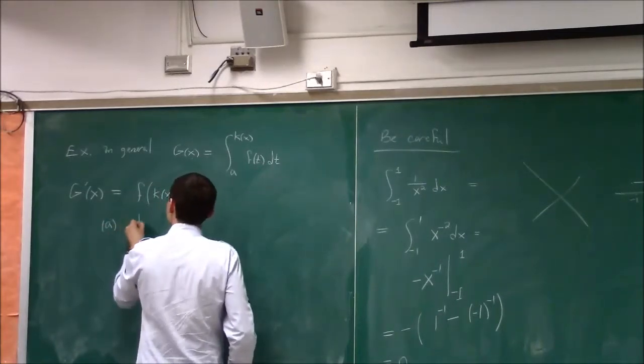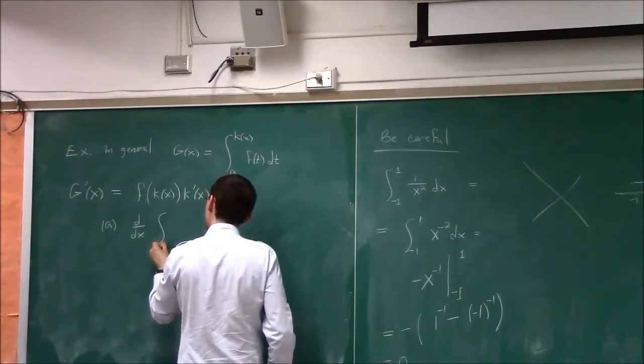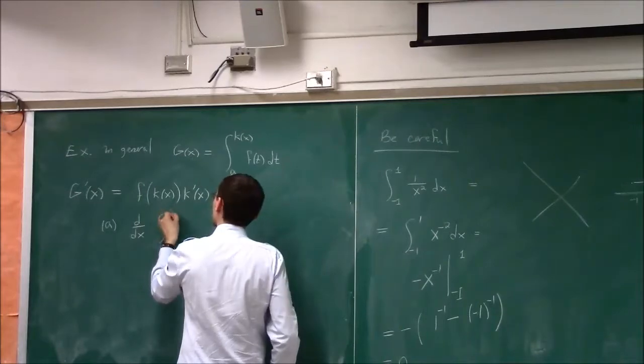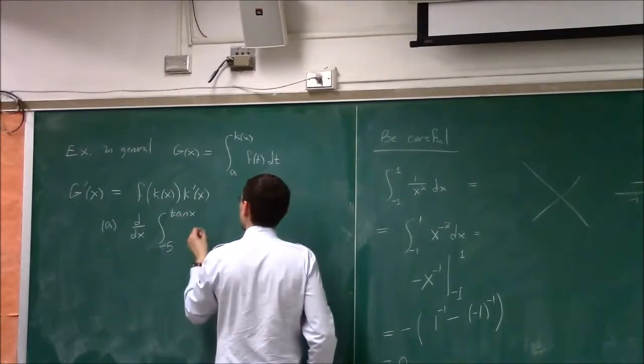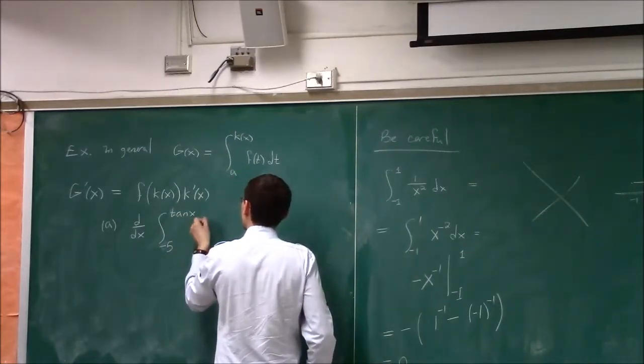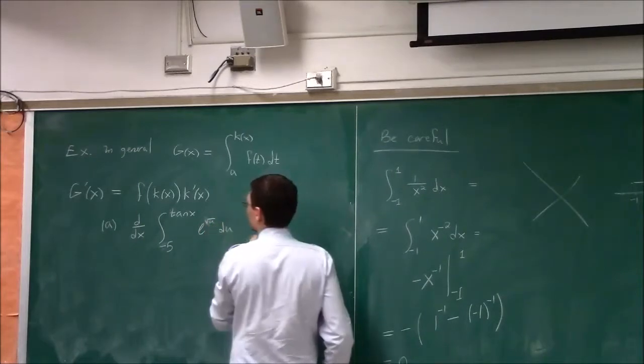So for example, here is a. What's the derivative of the integral from, I don't know, -5 to tangent of x of e to the root of u, du?